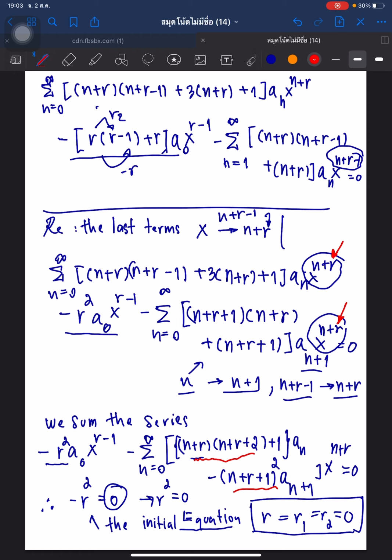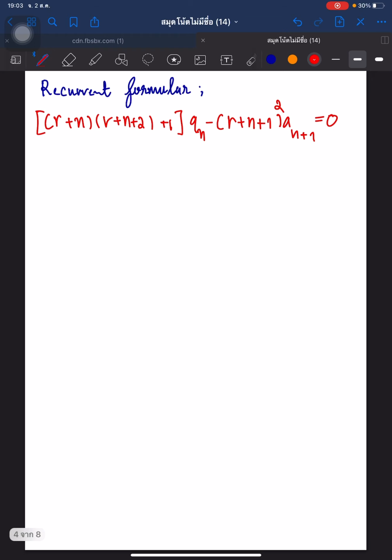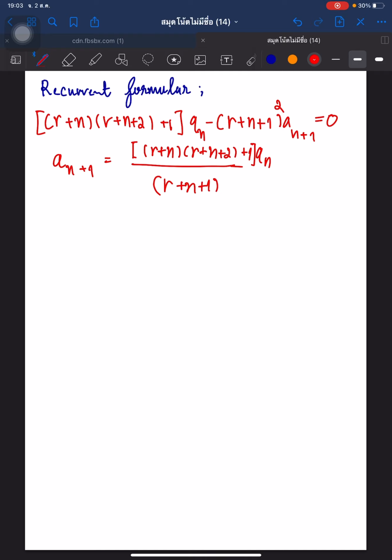Okay, and we get a n plus 1 from rearrangement. The last equation is r plus n plus 2 plus 1 a n divided by r in the bracket plus n plus 1 to the 2.